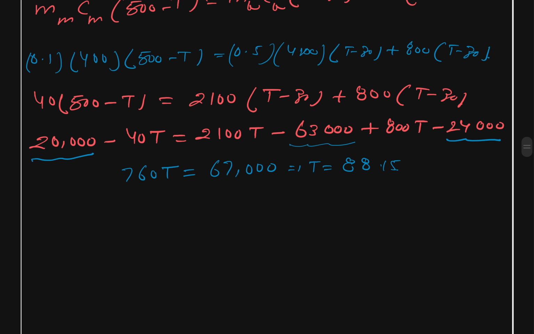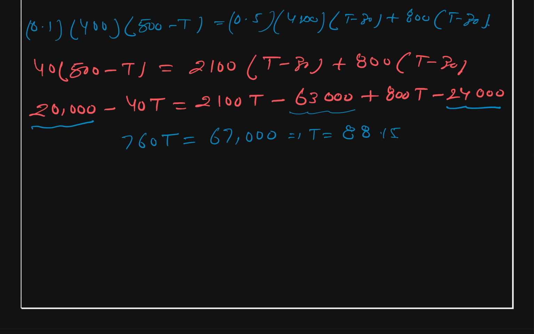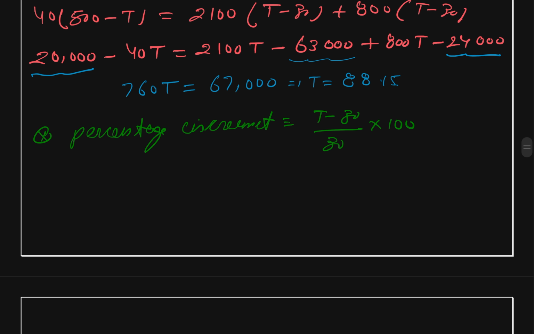We have to find out the percentage increment. So we can say percentage increment will be equal to T minus 30 divided by 30 into 100, and T we found out is 88.15, minus 30 and divided by 30 into 100.